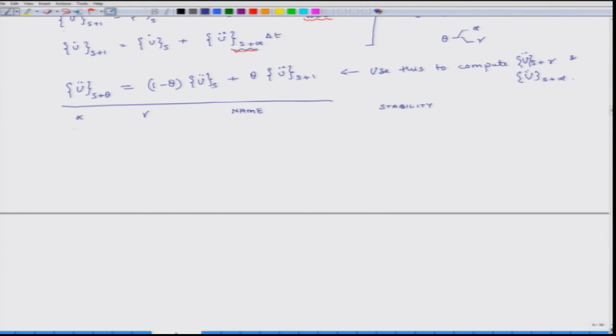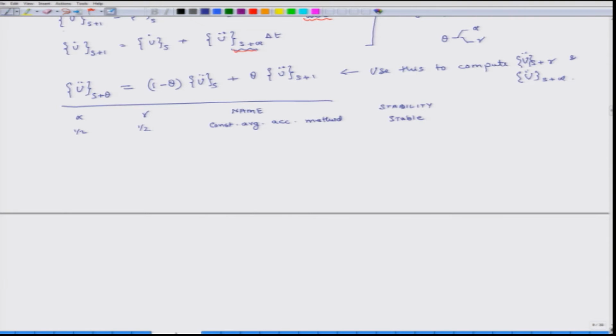In the first case, alpha is equal to half, gamma equals half. This method is known as the constant average acceleration method, and the stability thing is that it is always stable.